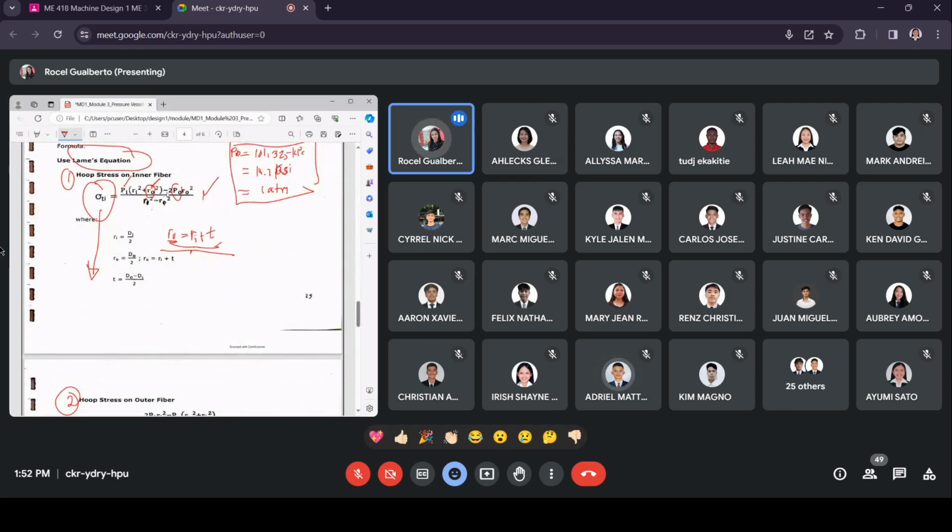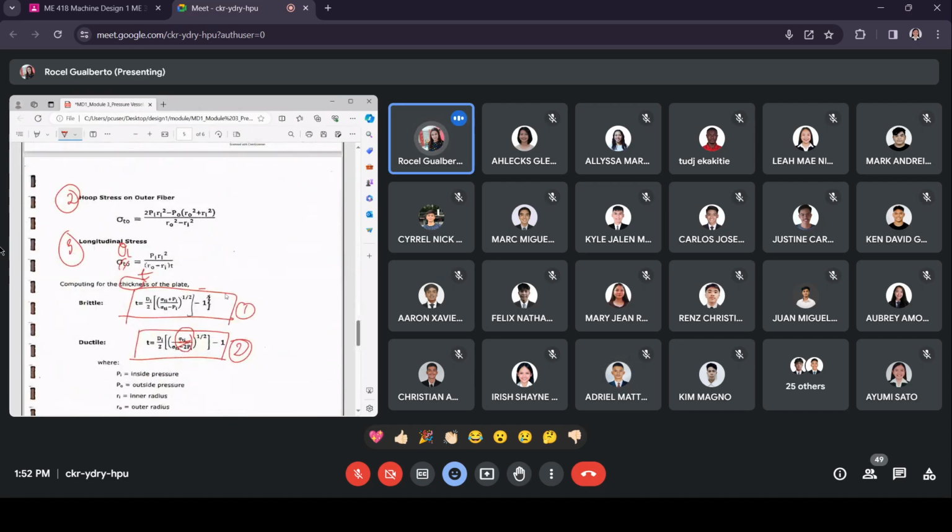Okay, so ang gagawin po dito ha, it should be expressed in Ri plus T. Ri is given, okay, and then this is the unknown. Okay, tapos siya po yung isa-substitute natin to say equation 2 or equation 1. Yung pong sigma T sub I, yun po yung ipapalit po natin.